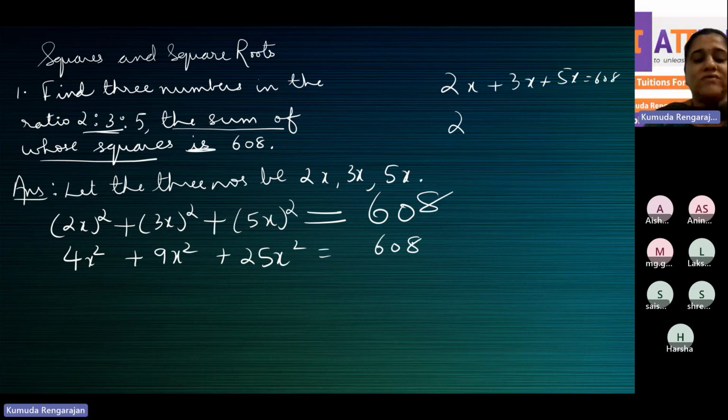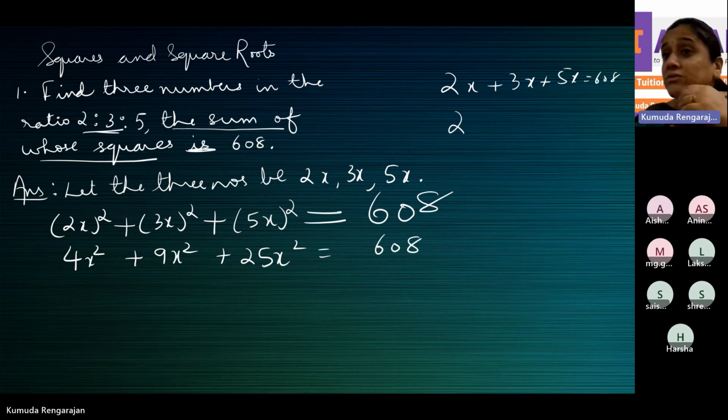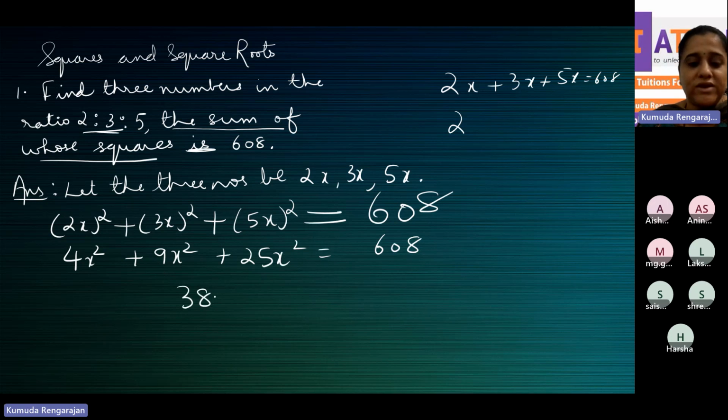What is 25x squared plus 9x squared plus 4x squared? 38x square. Very good. 38x square is equal to 608.